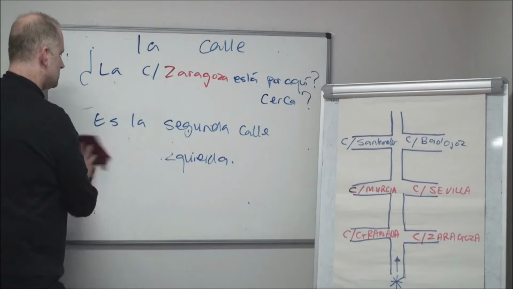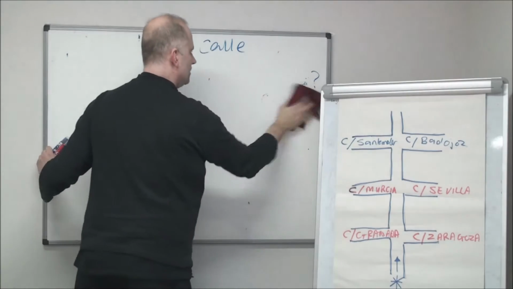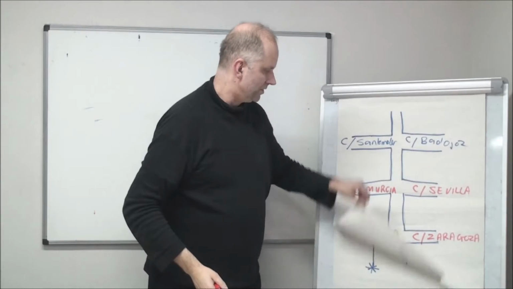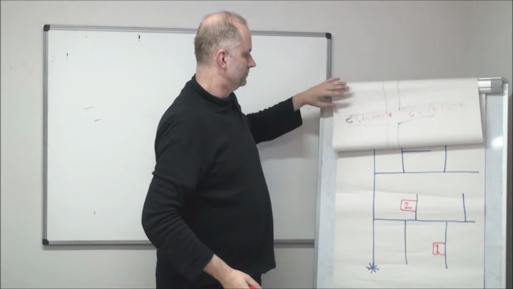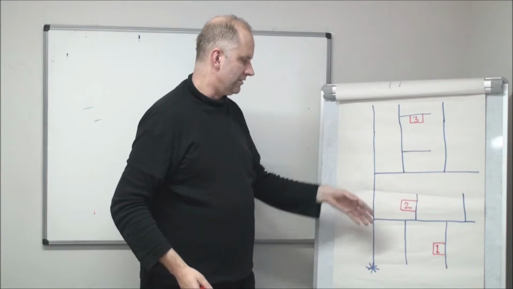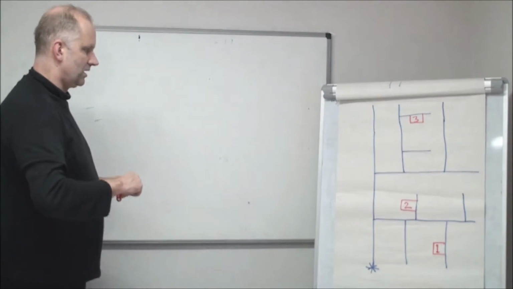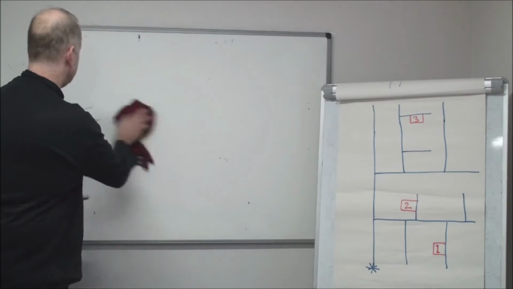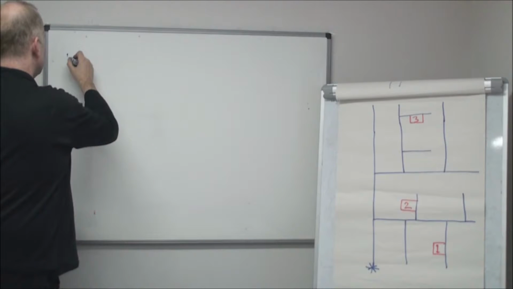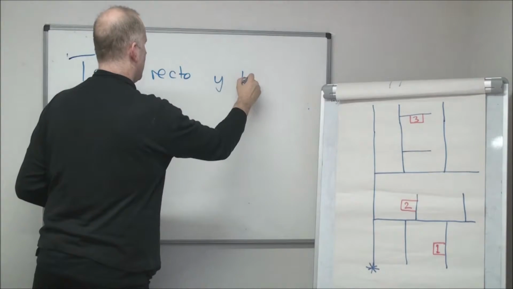So what we're going to do now is slightly more complicated directions where you've got to do a few turns. So imagine you have a street which looks like this. So if you start here and you want to get somewhere and it's not just on the same road, or you have to do a couple of turns perhaps, you would say todo recto, so straight on, todo recto y toma.